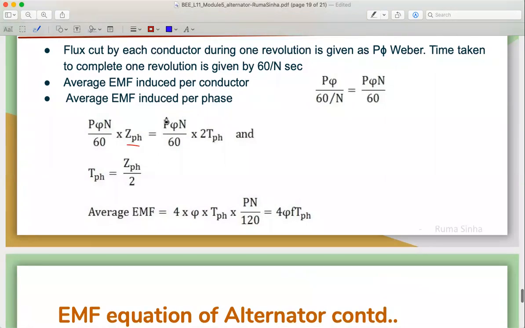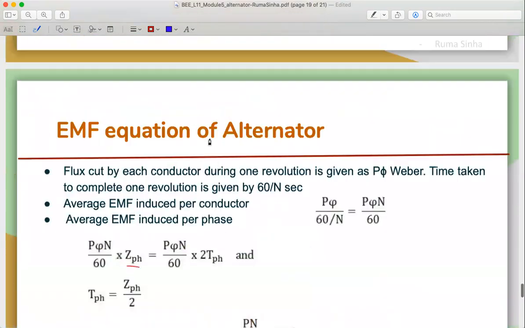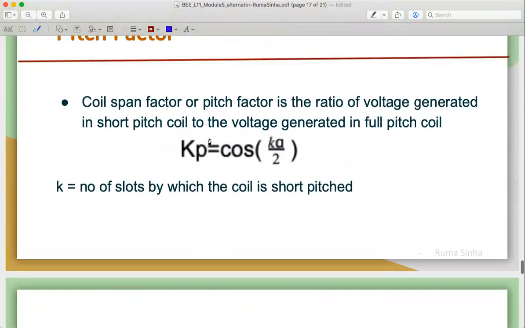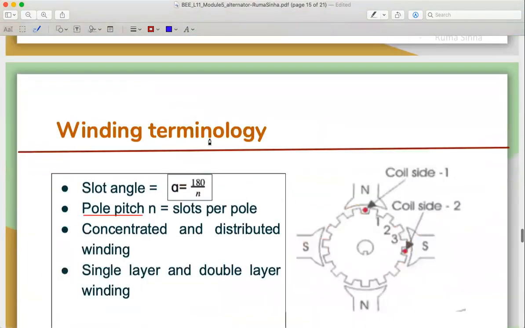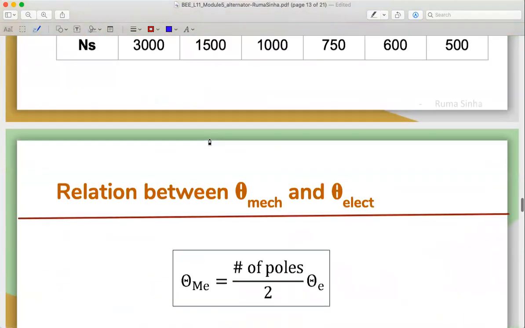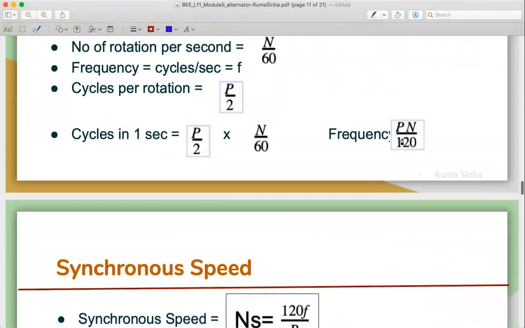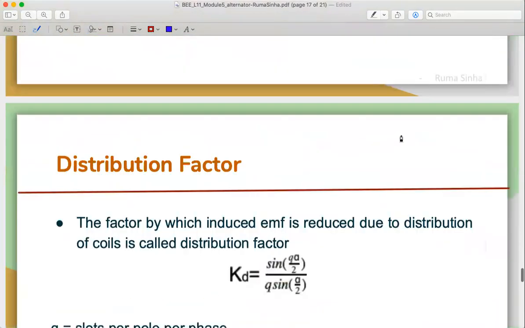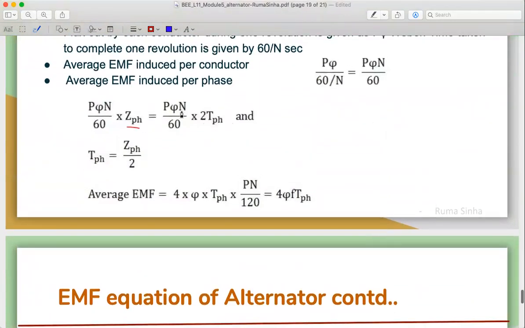Now just simplifying this, let me write it in terms of frequency. We have derived that frequency F is equal to Pn by 120. So we are writing in terms of that. Here we take Pn by 120.